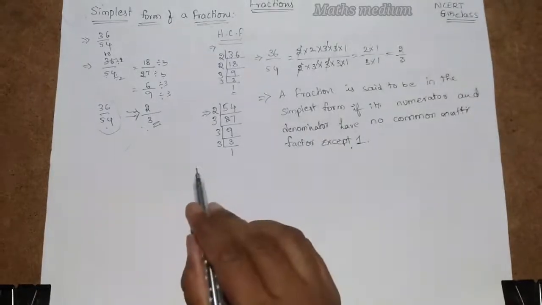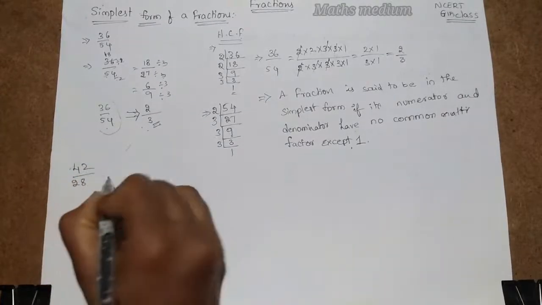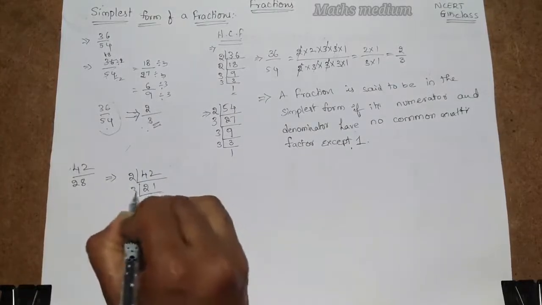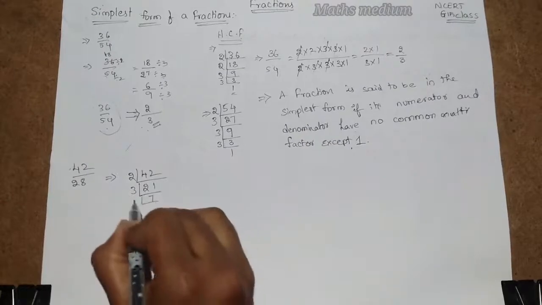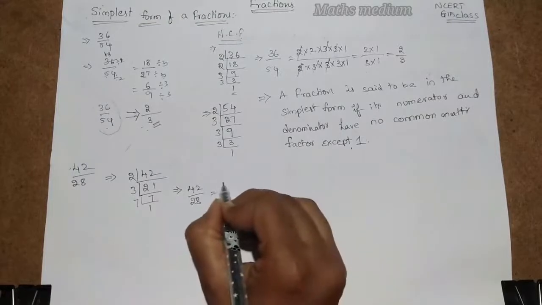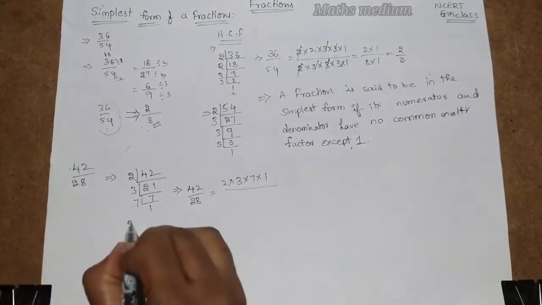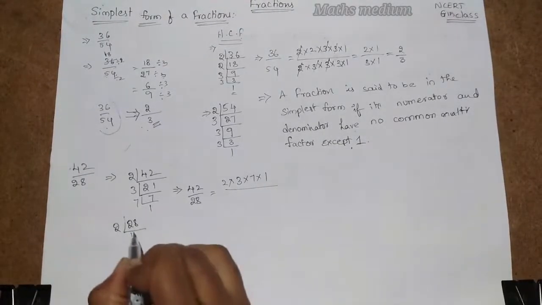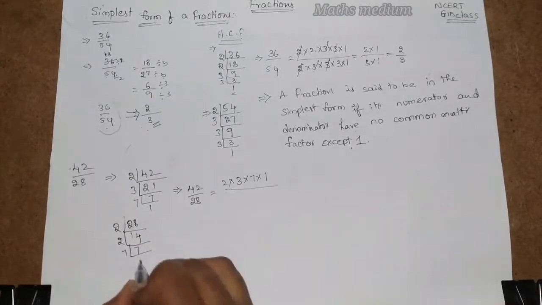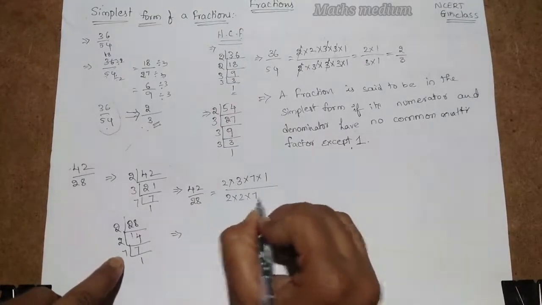If you take another example, let's take 42 by 28. Simply 42: 2 1s are 2, 2 3s are 6, 7 1s are 7. So it is represented as 2 into 3 into 7 into 1, divided by 28. 28: 2 1s are 2, 2 4s are 8, 7 1s are 7. So here it is 2 into 2 into 7 into 1.